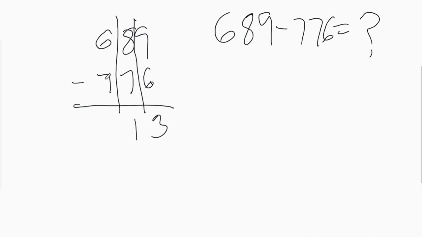And 6 minus 7. Now, this is going to be a little bit tricky for you because if you're just starting out with this, you're going to wonder, well, what happens because 6 minus 7, or 7 minus 6, because you can't really take 7 from 6. However, if you reverse this and have 7 minus 6, it would equal 1.